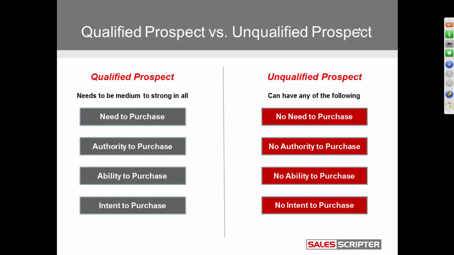So we need to be good in all four of those areas. Now, on the right side of the screen, a caution in any of those areas makes it an unqualified prospect. Meaning, they can be good in 3 of the 4, but just one makes it bad.